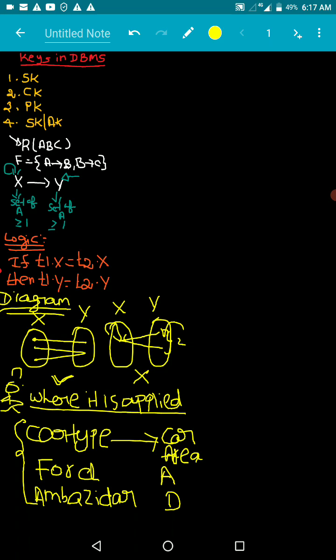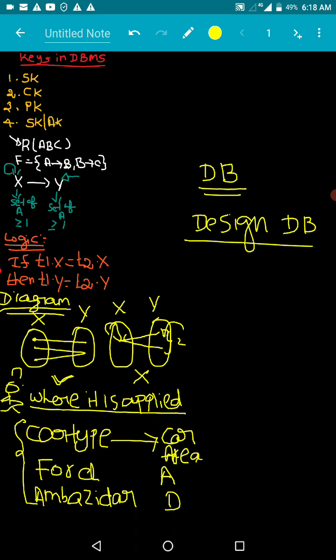Also, one of the biggest applications of functional dependency is in database design. Nowadays we are creating database applications. Real-time data applications are generally very complex, and one of the challenges in creating them is designing the database. In designing databases, multiple phases are involved.